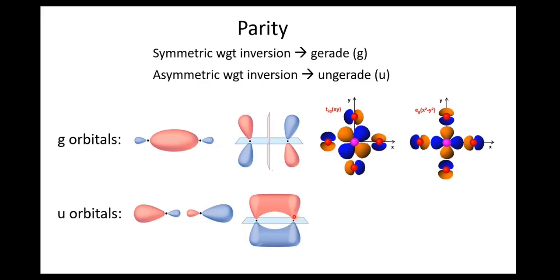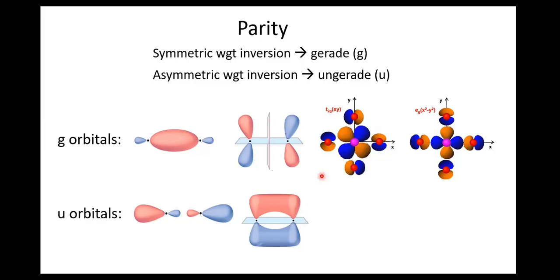So we know that for this kind of diatomic system, the pi bonding orbital is in fact u symmetry in nature. Okay, so this is what we mean by parity and how to think about the common molecular orbitals in terms of this parity definition.